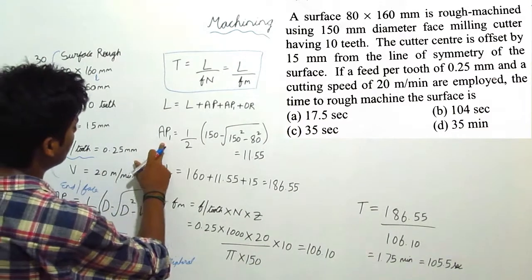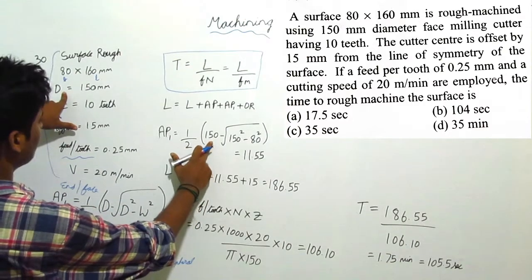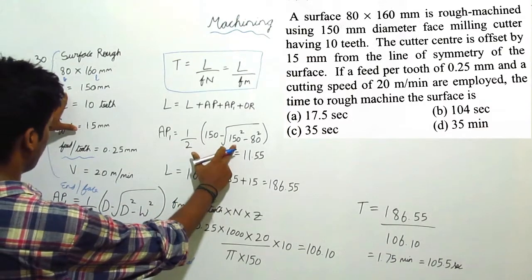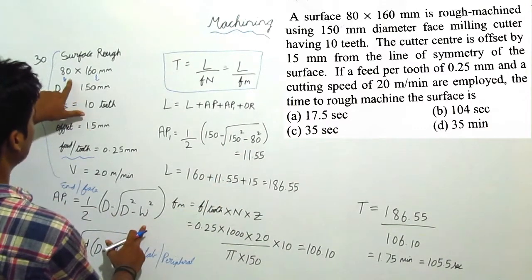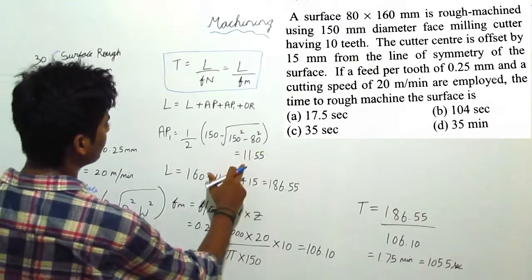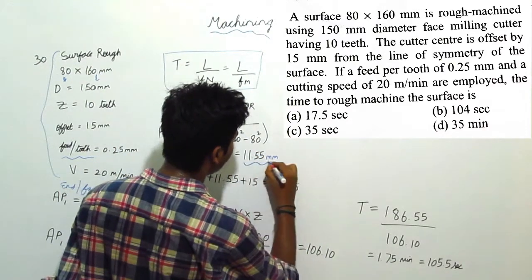That is AP1 is equal to half into capital D minus root of capital D square minus W square, where W is the width or breadth. Finally, we are getting 11.55 mm.